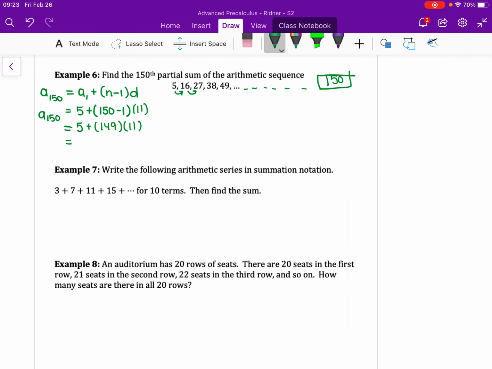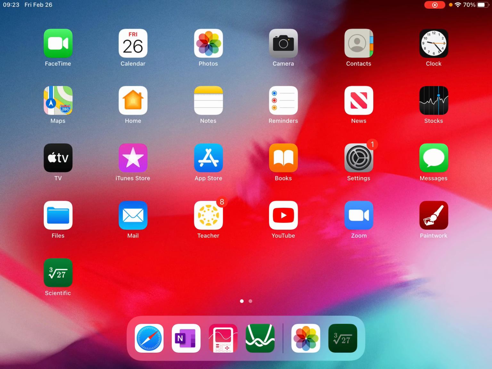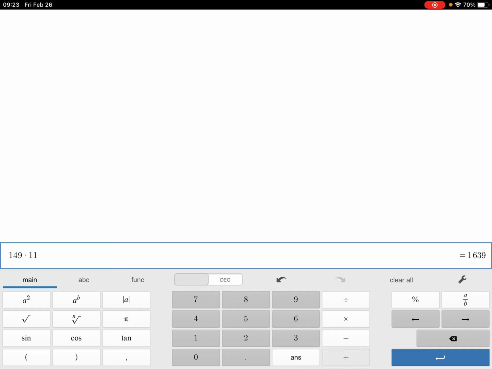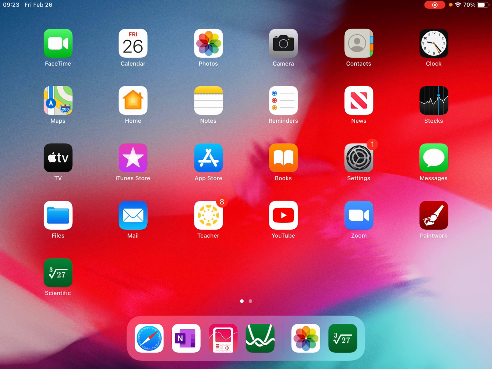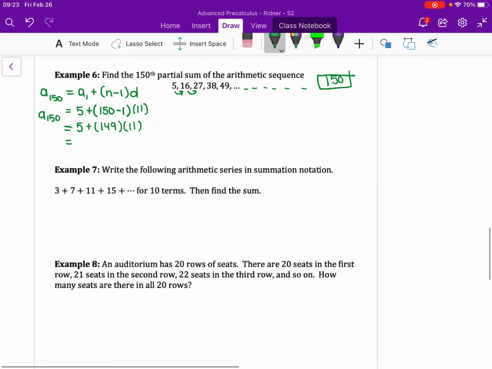I've already forgot the first part, sorry. So 1644. All right, so that's not the sum, that's just that last term.